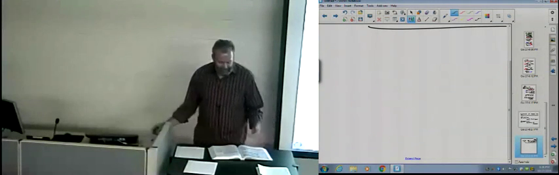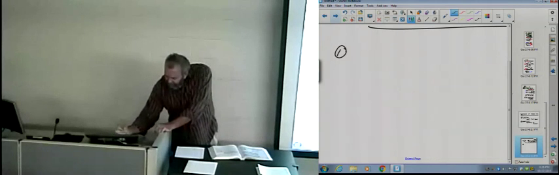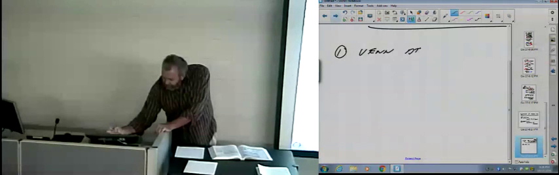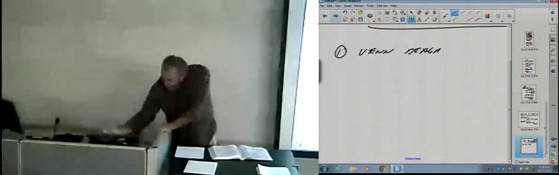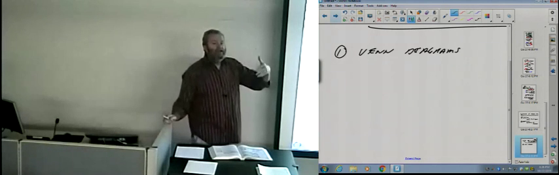So my first thing is this. The first thing I want to look at is Venn diagrams. It's a picture to help me keep track of things.